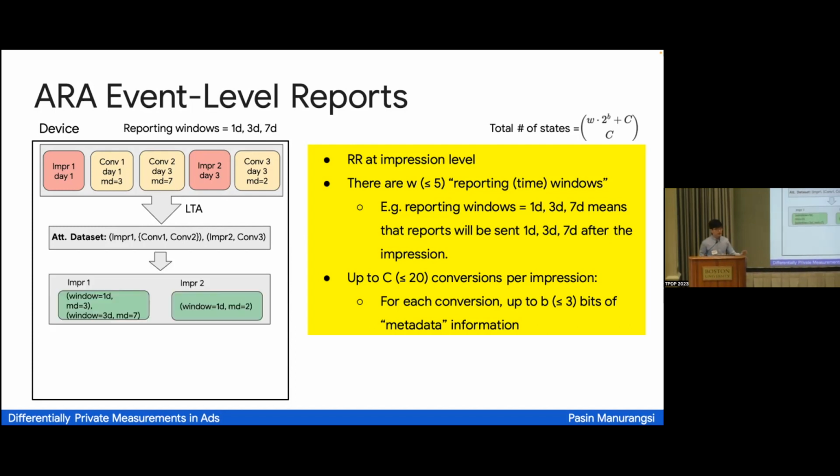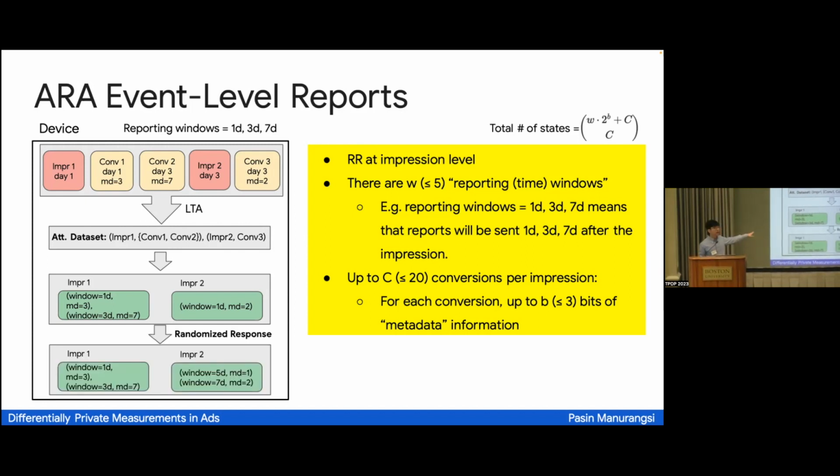Now, as we said, on the right, each impression will have this state on which we will apply the randomized response. For the first impression, the state would be these 2 conversions, including the reporting window and also the metadata that they have.